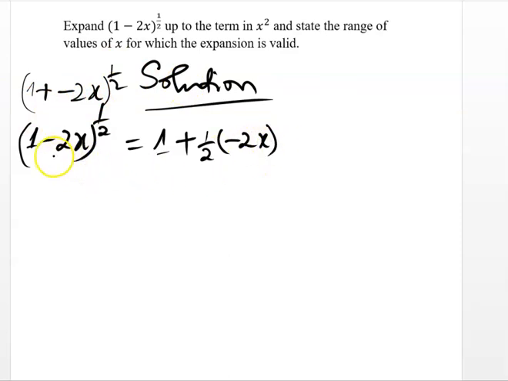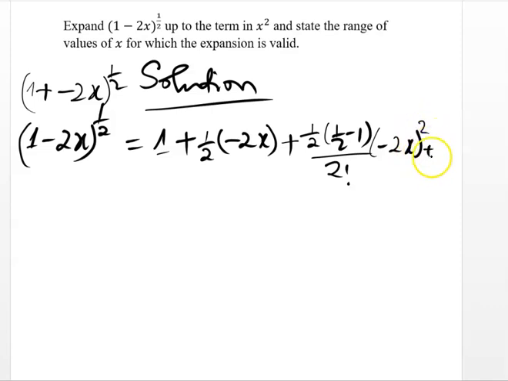So we have 1 plus nx plus n(n minus 1), that is half times (half minus 1), divided by 2 factorial, all times (negative 2x) squared. When you simplify, we're going to have 1 minus x.